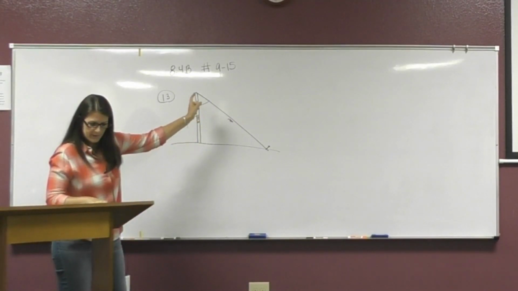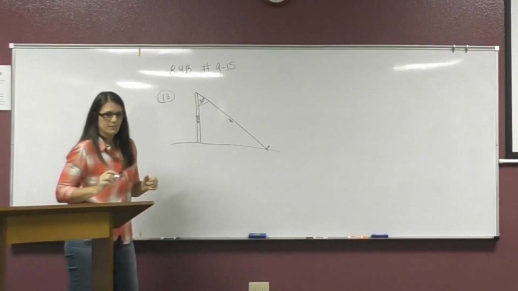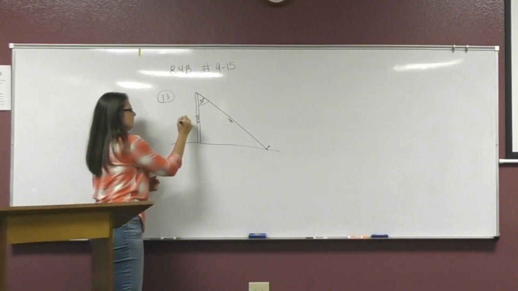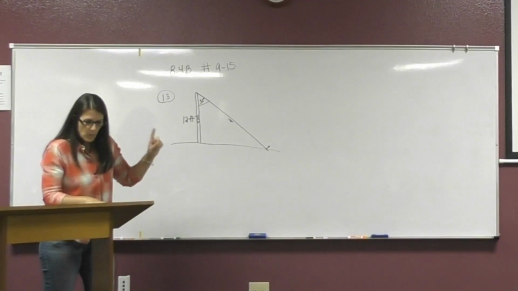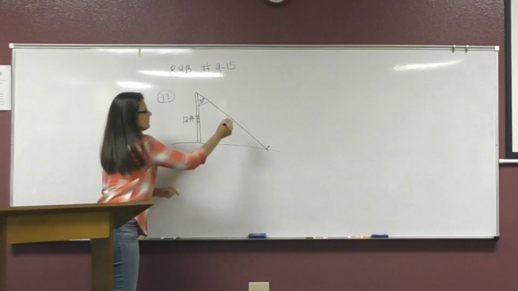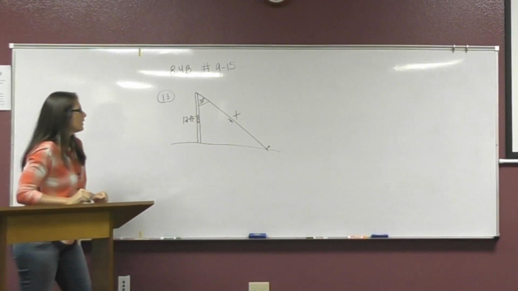It is 31 degrees. And each pole is 12 feet tall. What is the distance from the top of the pole to the stake? So that would be our x, okay?